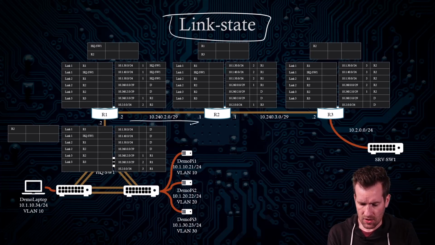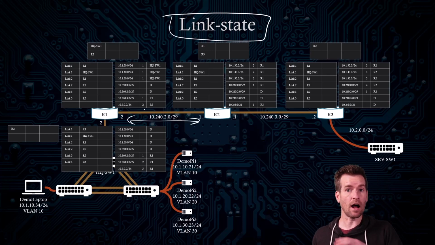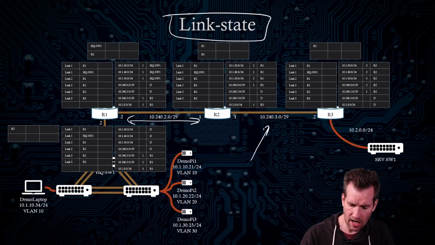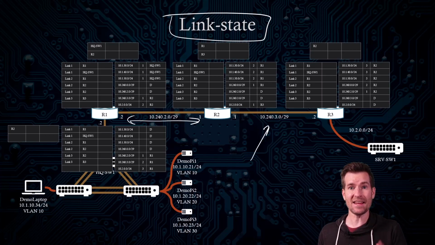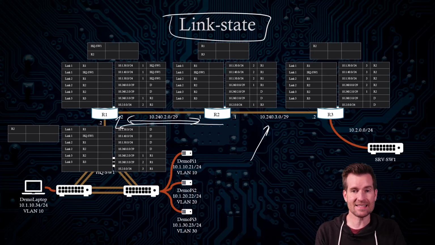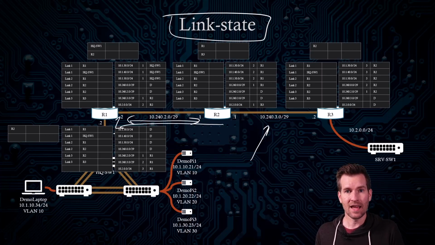The communication goes between all of the routers, but what's sent back and forth is information on the links, the state of the link. So if a link goes down, that information is then sent to all of the other routers. So it operates quite a bit differently than sending the whole routing table.